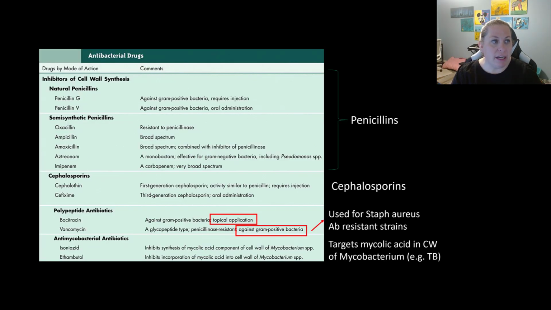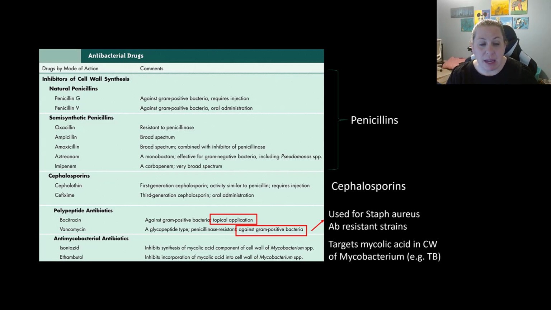So I have a little chart here that shows you examples of those that actually target the cell wall. You have your natural penicillins, so penicillin G and V. You have some synthetic or semi-synthetic penicillins like ampicillin and amoxicillin listed there. We also have the cephalosporins, which are going to fight, again, that cell wall structure.